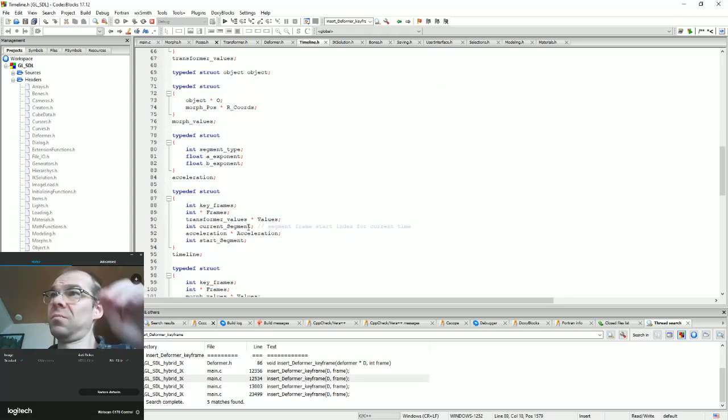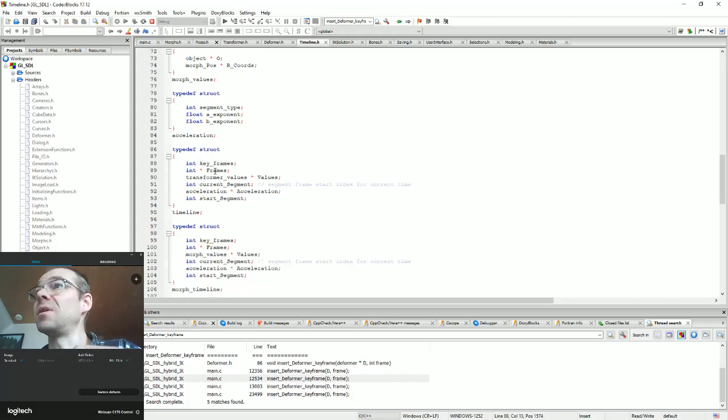Anyway, I need to be a little bit exploring it before I talk about it, but we see here in general this acceleration array and values array, they have the same length of amount of keyframes probably. But what is this frames value?